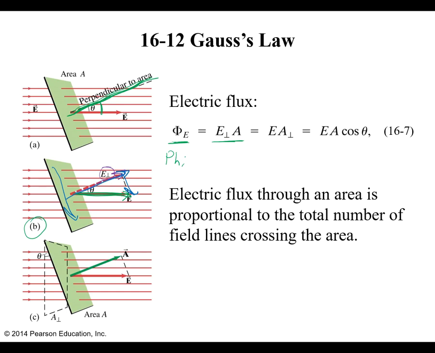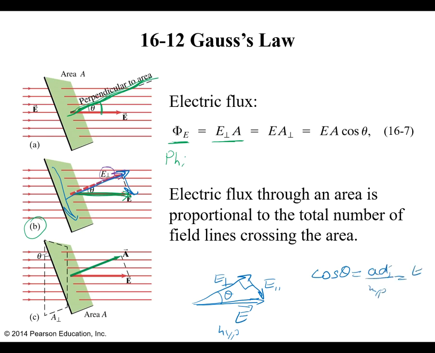Now, following trig, so there's our vector E. This is a right angle. Here's our parallel component. Here's our perpendicular component. So this is your hypotenuse, and this is your angle theta. The perpendicular component is the side that's adjacent to your angle theta, and adjacent means cosine.